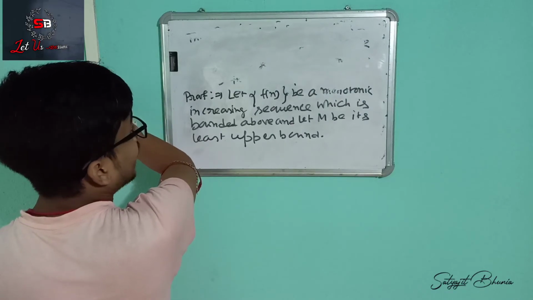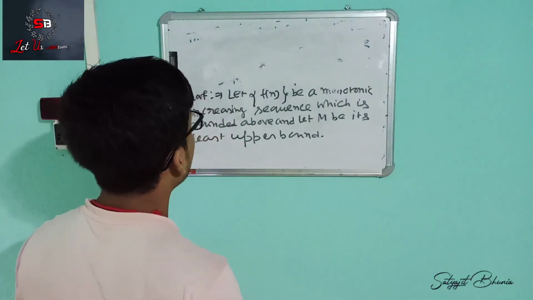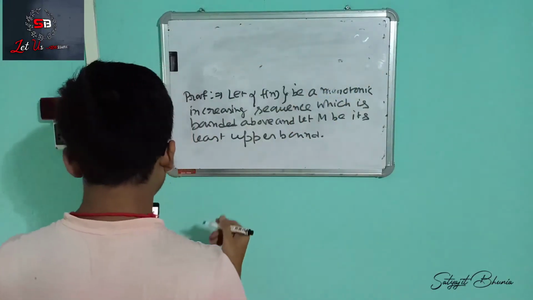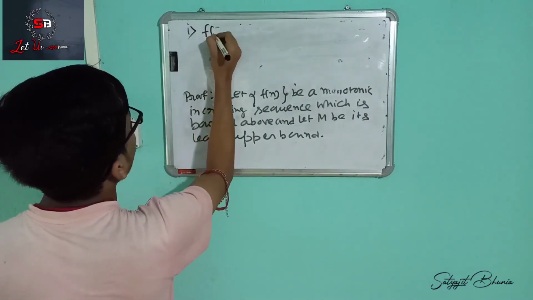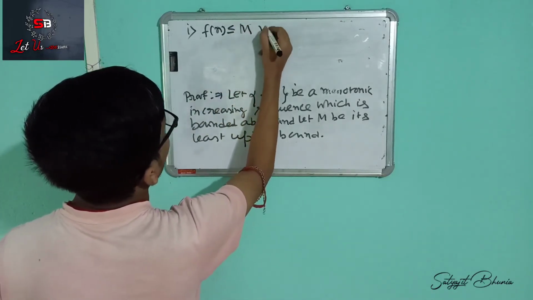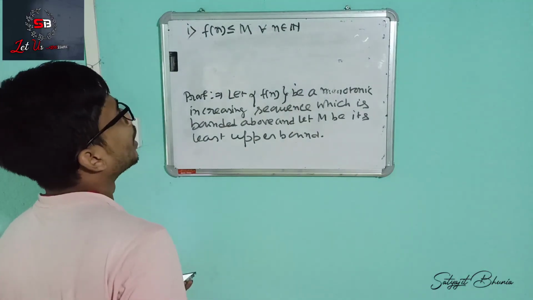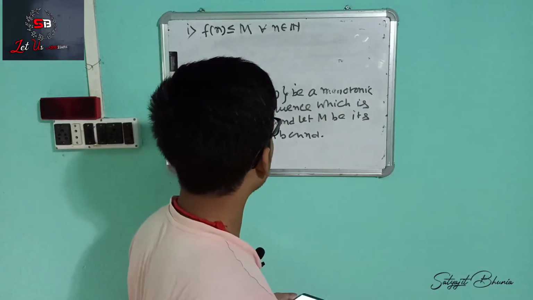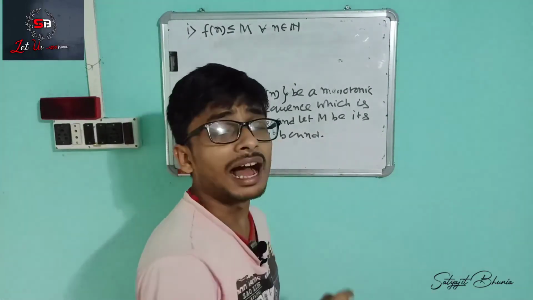Since M is the least upper bound of fn, then we can write from the definition of the least upper bound that, number 1, fn is lesser or equal to capital M for all n belongs to capital N. Since capital M is the least upper bound, first of all it has to be an upper bound.